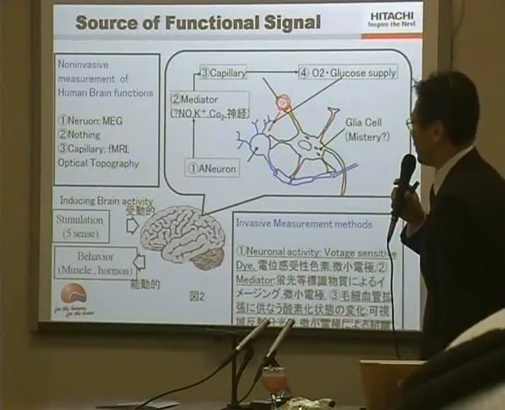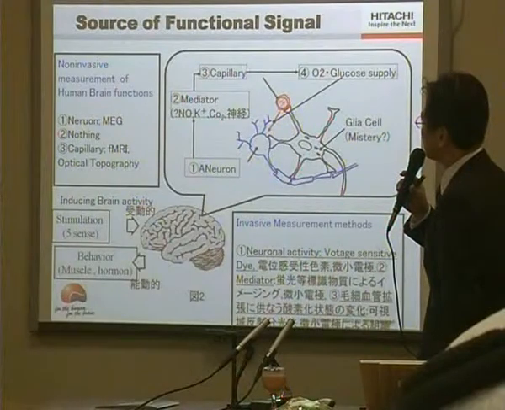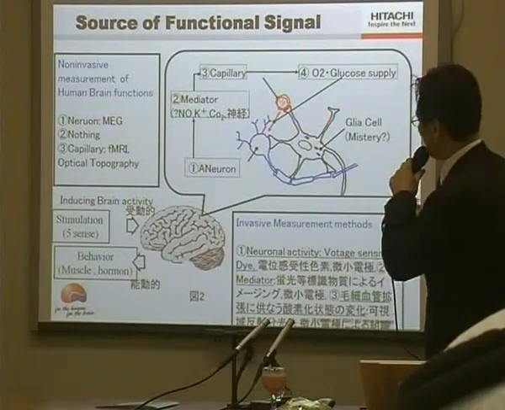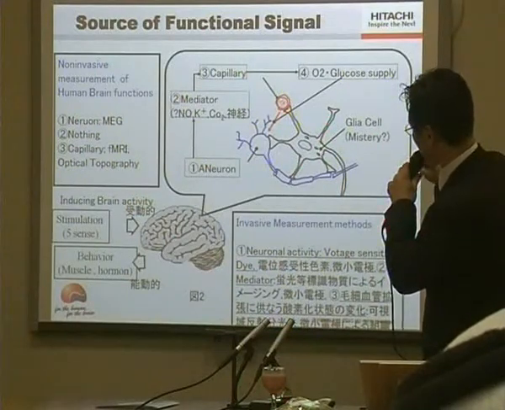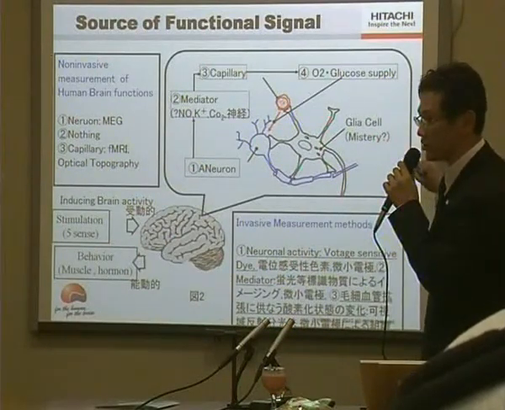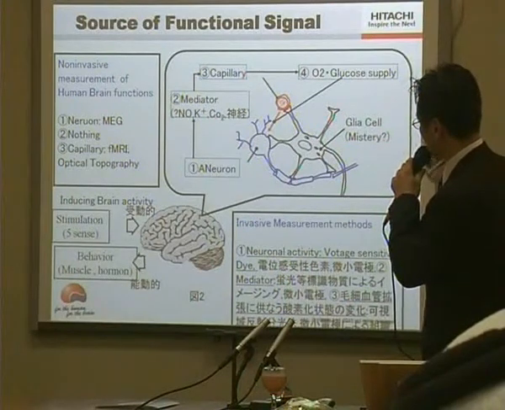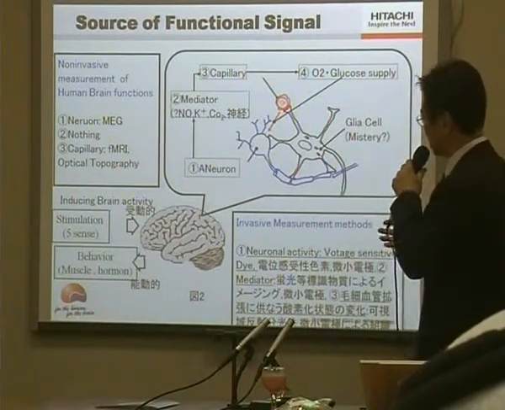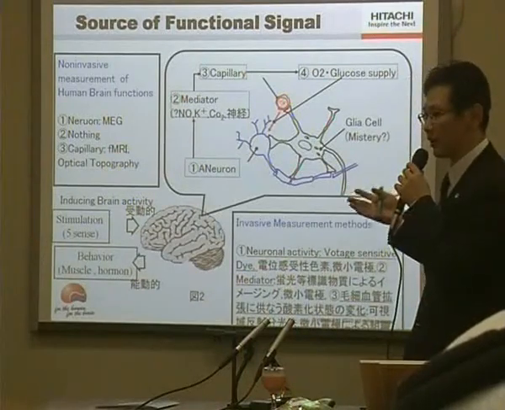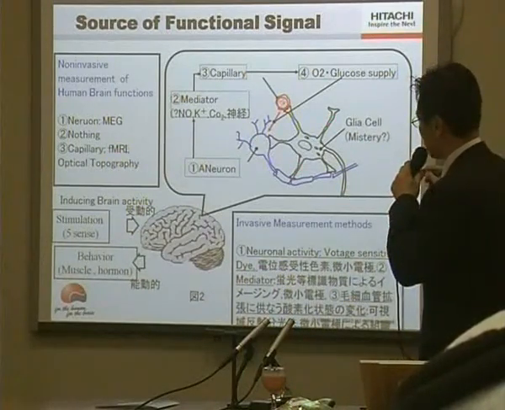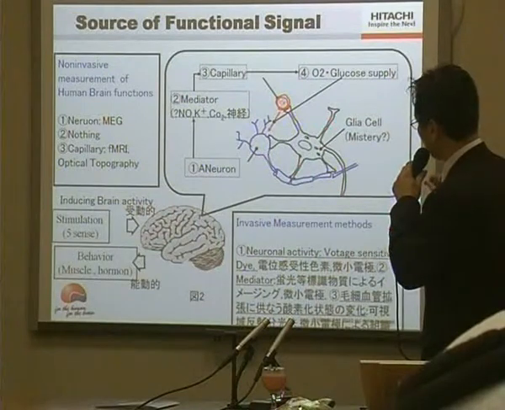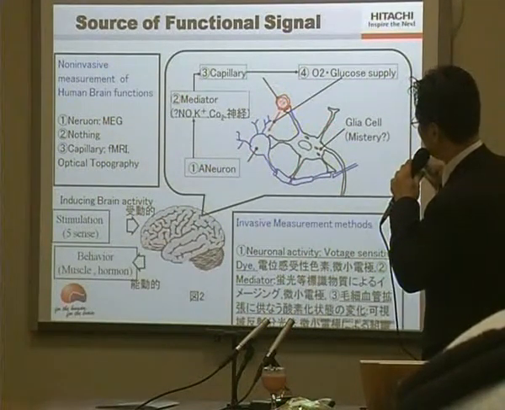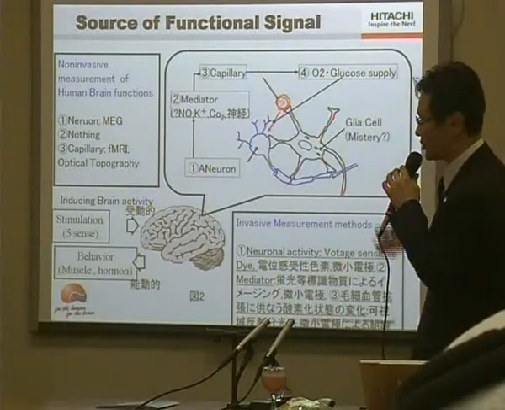So actually, I want to discuss the source of the functional signal. This is a microscopic image of the brain, and the brain consists of three types of cells. The first one is the neuron, the second one is glia, and the third one is the capillary to supply blood.